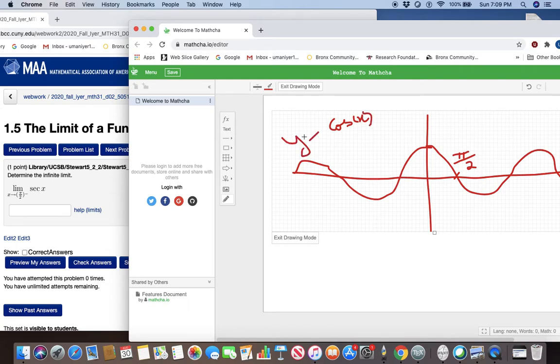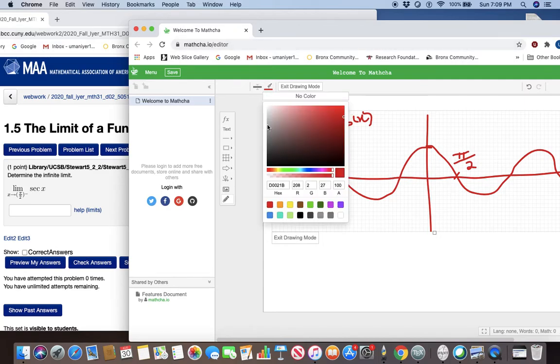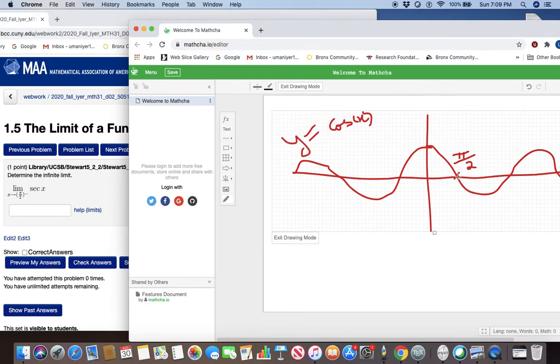All right, so what about secant x? Secant x is the reciprocal of cosine. So wherever cosine hits 0, secant will go to infinity, one of the infinities, positive or negative. When cosine is above, secant will be above.